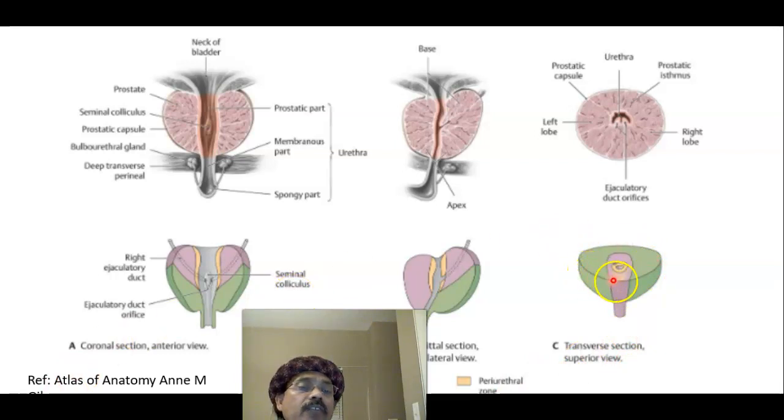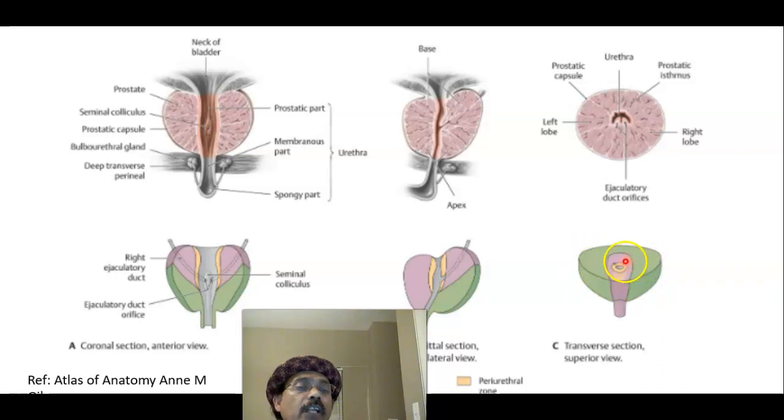The peripheral glands are involved in cancer of the prostate, or adenocarcinoma of the prostate. The periurethral gland is also called the mucosal gland, the transitional gland is also called the submucosal gland, and the peripheral gland is called the main gland.